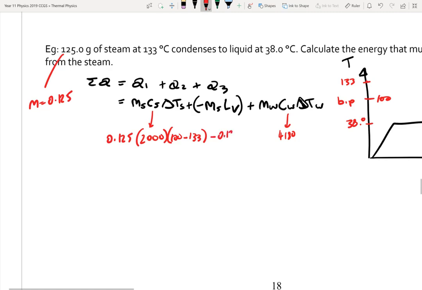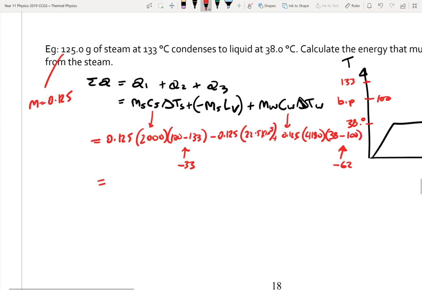Minus 0.125 times 22.5 by 10 to the 5, plus water. Oh, I forgot to add the mass. Run out of room. m is 0.125, specific heat capacity of water, and then our delta T is final 38 minus initial 100. So that's your negative 62, and this one here is your negative 33. And so that's your total energy.